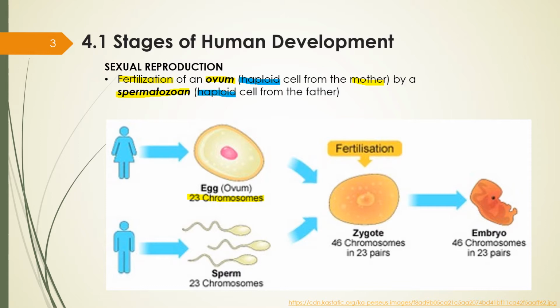And the sperm has also 23 chromosomes. When the fertilization takes place, I'm gonna have 46 chromosomes. So they bind together, forming 46 chromosomes or 23 pairs. Now I'm talking about pairs, but when I talk about egg or sperm, I'm not talking about pairs. I'm talking about single chromosomes.